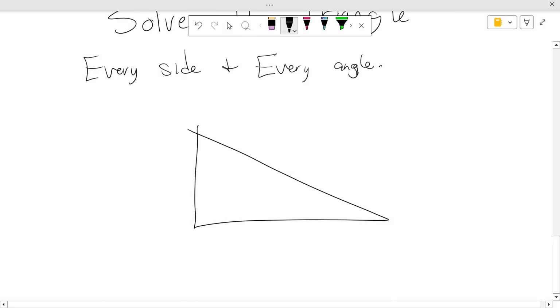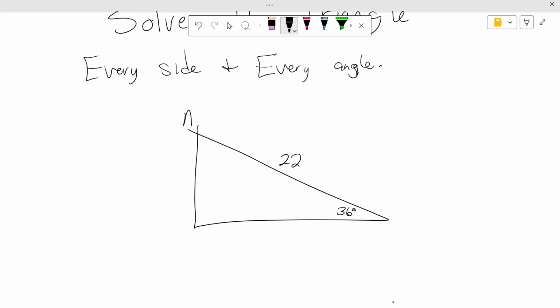So here we go. If this is 36 degrees, and this is 22, okay? And this is A, B, C. I need to know what angle A is, what angle C is, which is obviously 90.